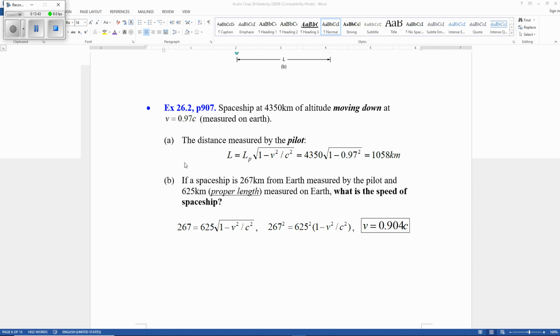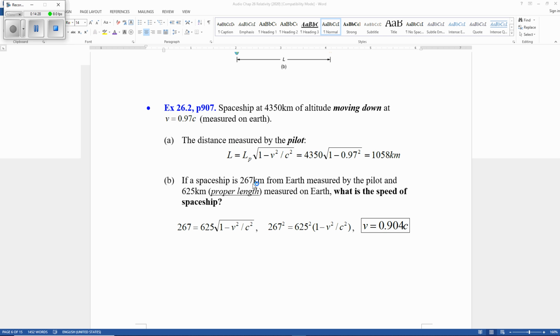Suppose the spaceship is 267 kilometer from the Earth as measured by the pilot, and from Earth it's 625 kilometer.